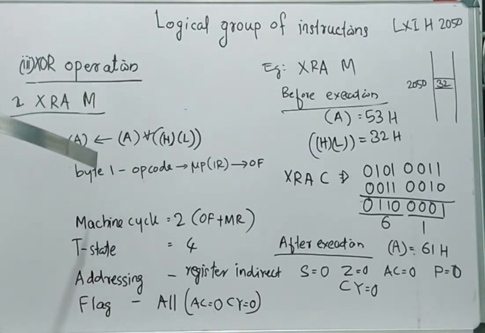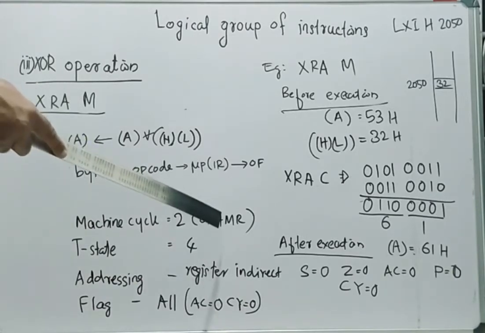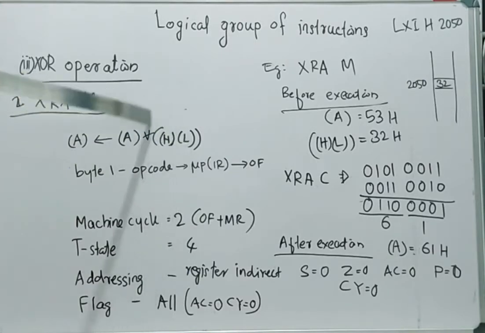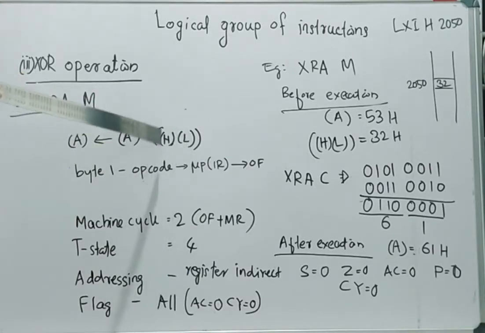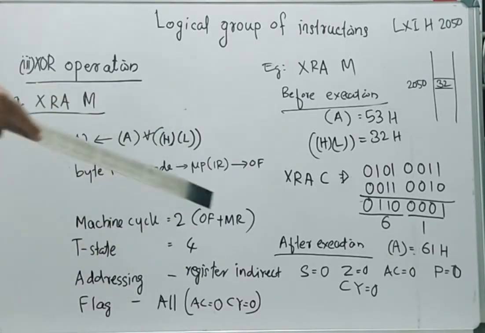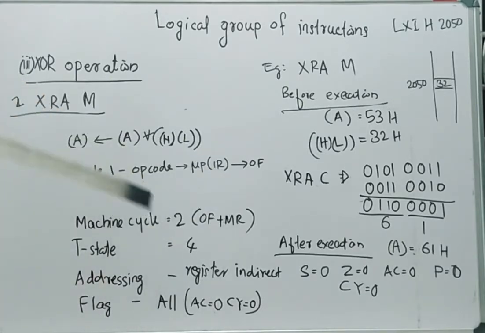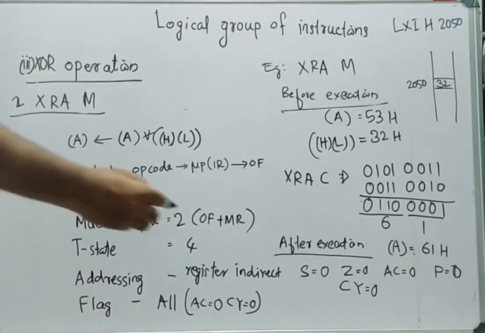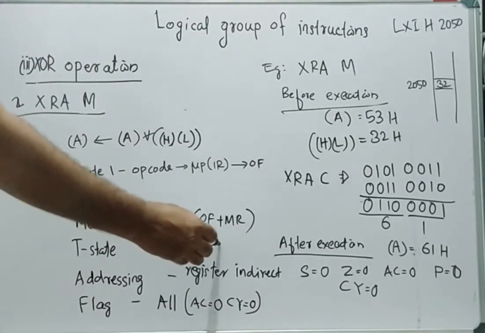After decoding and machine cycle encoding time, the MPU will recognize that it needs to take the data whose address is available in the HL register pair. So a memory read operation is also required in order to complete the execution of this instruction. So the total T states is 4 plus 3, that is 7.